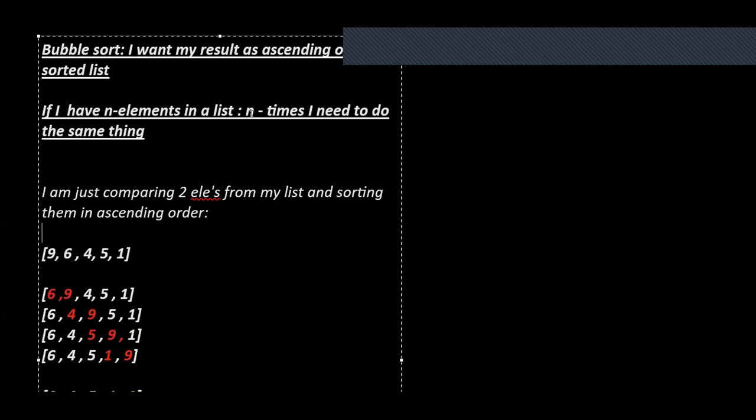To compare two elements in a list, what do I need to do? I need to pick them first. So how do you pick and compare the first two elements?